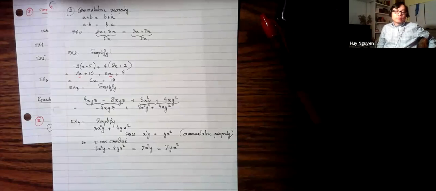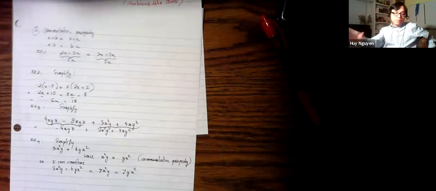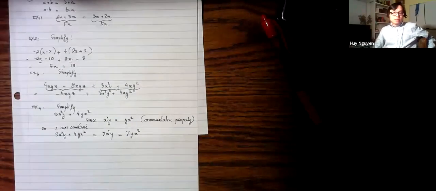I want you to remember that when you combine like terms, when you simplify an algebraic expression, first of all, you need to see if they are similar terms. You can use the commutative property to check. You can also use the remark I put over here: apple and apple together we can add, banana and banana together we can add.